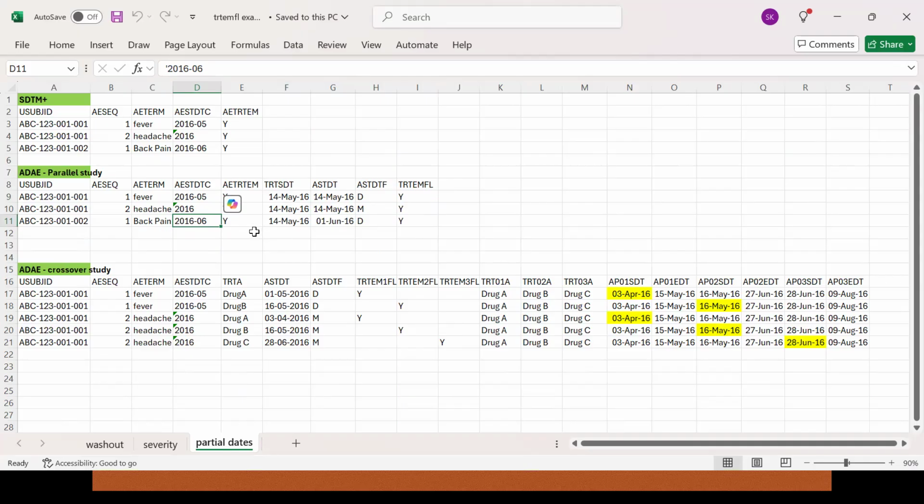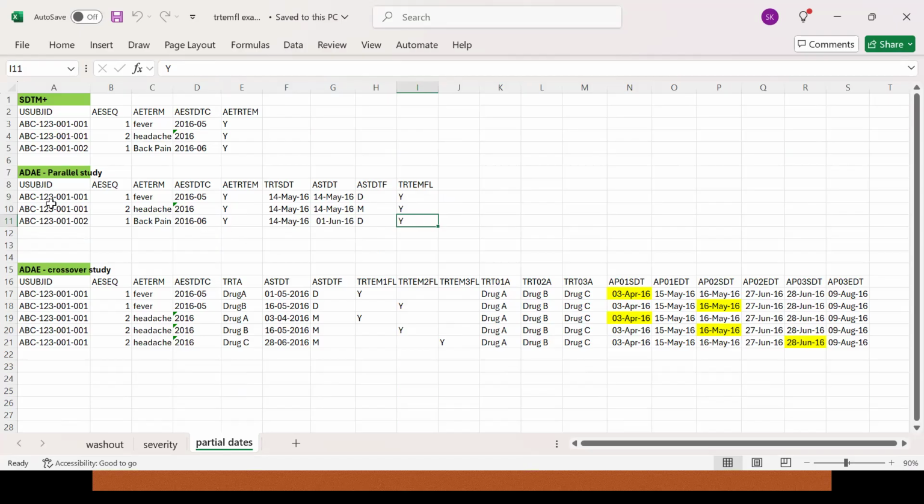So in this approach, we will not keep the day part of the treatment start date, but instead we will mark the first of this month, that is first of June in this scenario, as the imputed date. So in this case, the ASTDT imputed date will become the first of June 2016. And since we imputed only the day part, the imputation flag will be D and treatment is populated as Y.